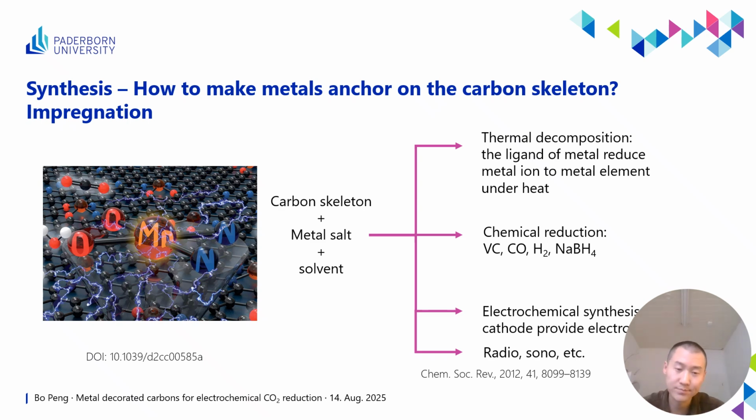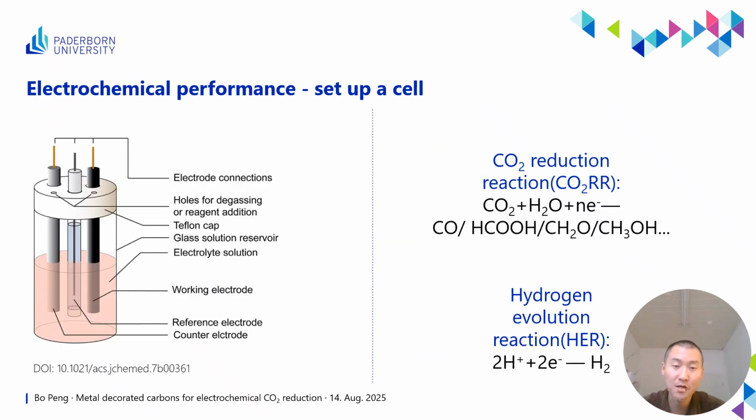The next part: we need to test our electrochemical cell. First, we need to set up a cell. The setup of the cell is like this. There are a working electrode, reference electrode, and counter electrode, which are soaked in the electrolyte solution.